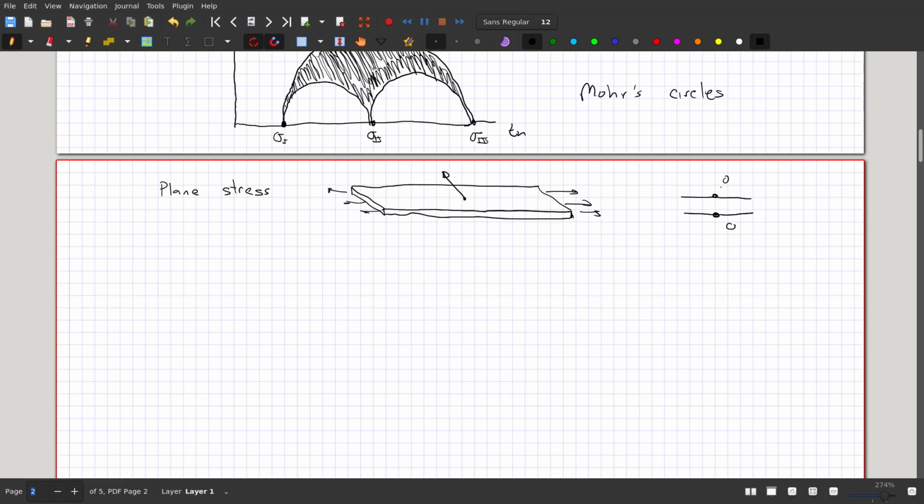So the stress in this direction would be 0, the stress in this direction would be 0. It's hard to imagine there's going to be some enormous stress in the center of that. And so under this assumption of plane stress, we assume that the through-thickness stress is 0.